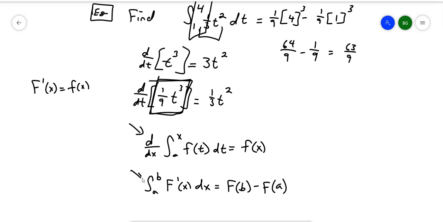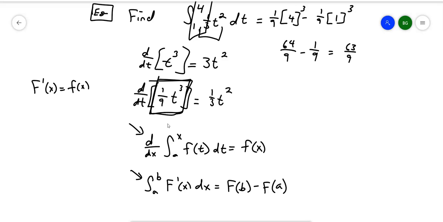Here I do the integral of a derivative and get the same function back. So in our last video we were saying the first fundamental theorem kind of suggests that derivatives and integrals are inverses, but we were only doing it one way. The second fundamental theorem really gives us that other way. And so integrals and derivatives really truly are inverses.